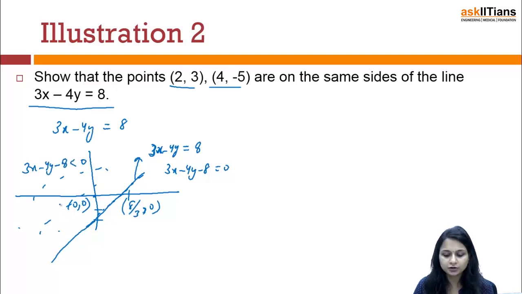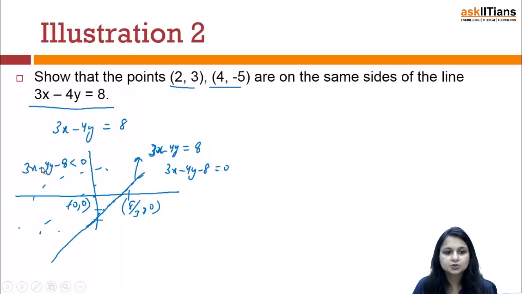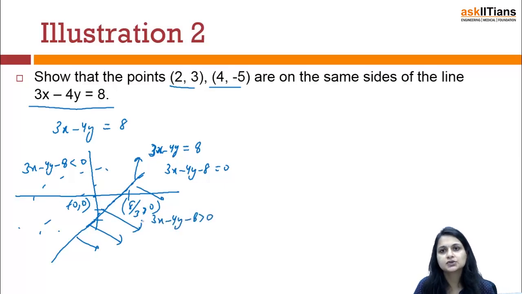This is very important. All the regions above this line will be represented by 3x minus 4y minus 8 less than 0, because one point itself was giving negative, so the whole region would be negative. And the region here would be positive. So this portion would be represented by 3x minus 4y minus 8 greater than 0.